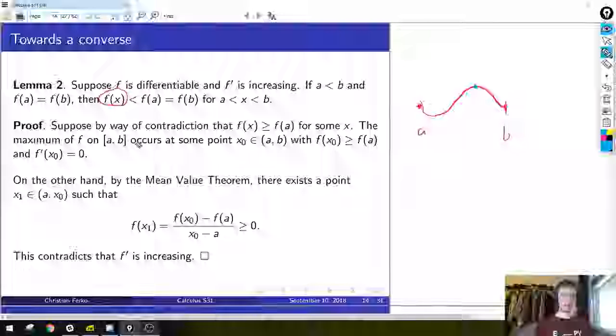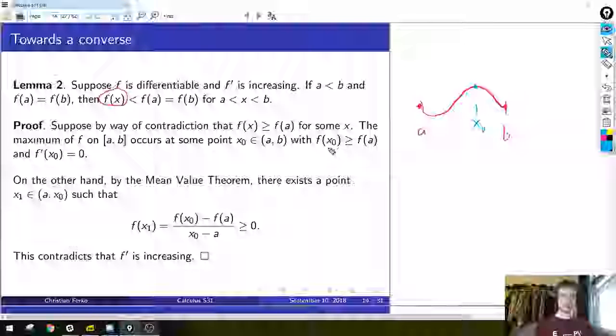Now, we proved last time that there's a maximum which is achieved because f is differentiable, hence continuous, on this closed interval. So the maximum of f occurs at some point x0. So that's the blue point, which I've drawn here. I'm trying to draw this to be the maximum on the interval.